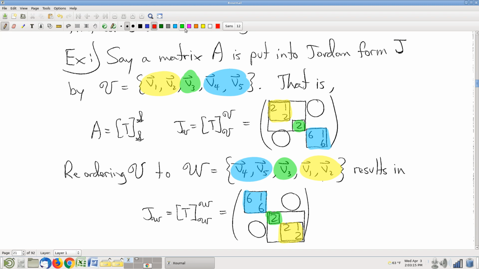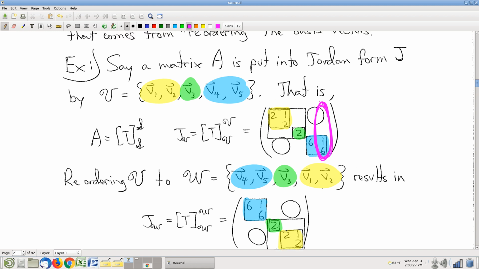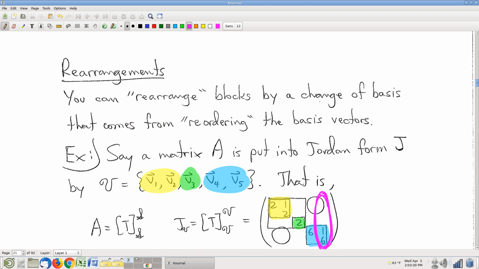Here we go. Let's think about, for example, what does this column here say? Where do we get that column from? I remind you that if you're talking about a matrix representing a linear transformation with respect to some given bases, the columns tell you what the images of the input basis vectors are in the language of the output basis. So specifically, this is the fifth column, so this is telling me about T of V5, the image of the fifth basis vector.